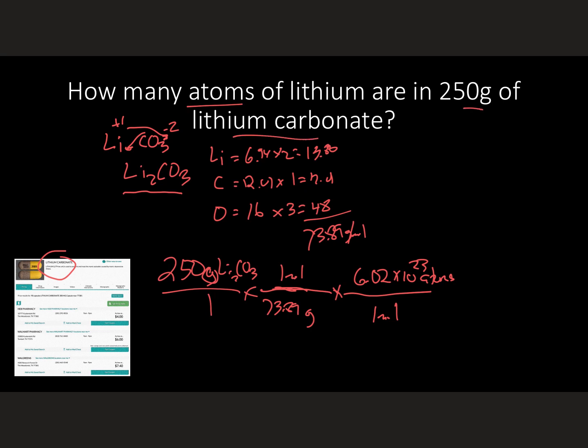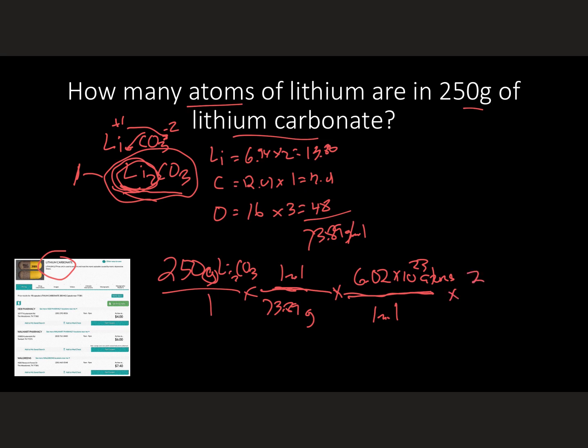So we know how many lithium atoms. So we have 1 mole is 6.02 times 10 to the 23rd. So if we multiply that all out, we're going to come up short, right? For every 1 mole of lithium carbonate, we're going to get 2 moles, right? Because there's 2 lithiums for every 1 mole of lithium carbonate.